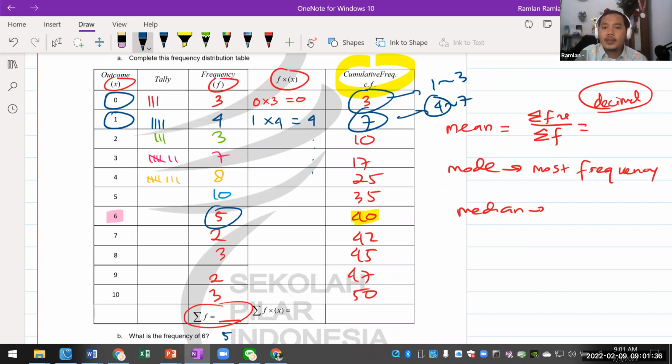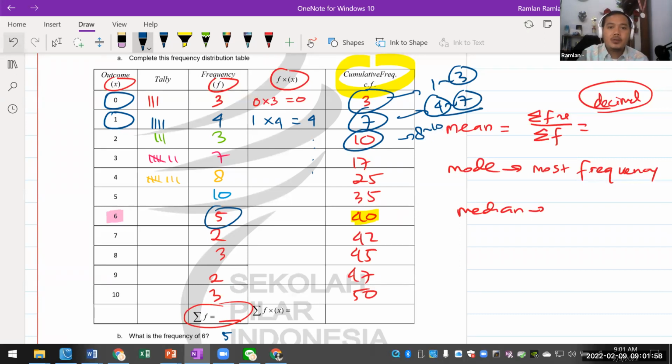Where do I get this 4? It's from here: after 3 is 4, data number 4. So data number 4 till 7 is 1, and this 10 means data number 8 until 10, because after 7 is 8. Data number 8 until 10 is 2, and so on.